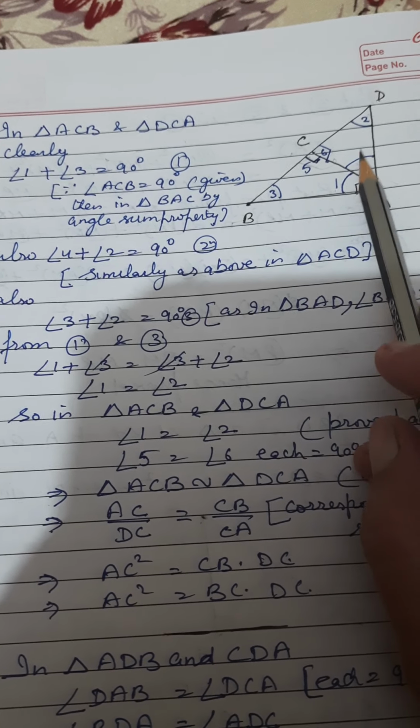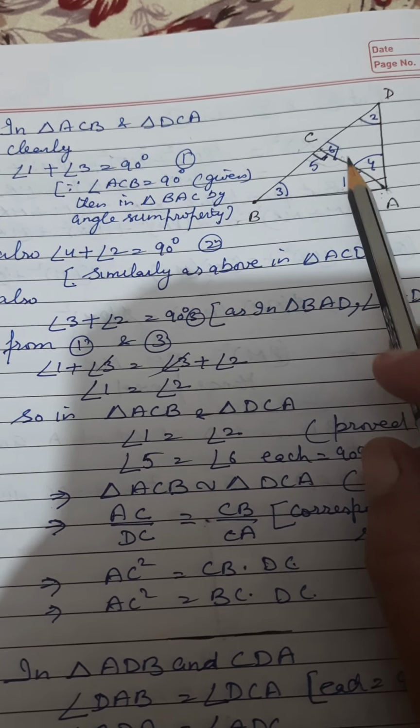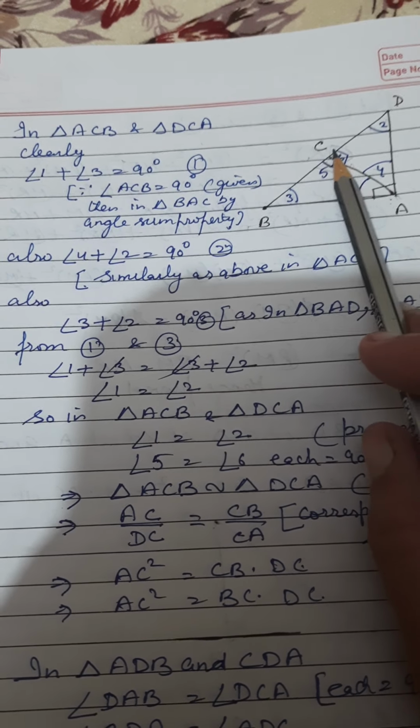Also angle 4 plus angle 2 is equal to 90 degrees, because this angle is of 90 degrees.